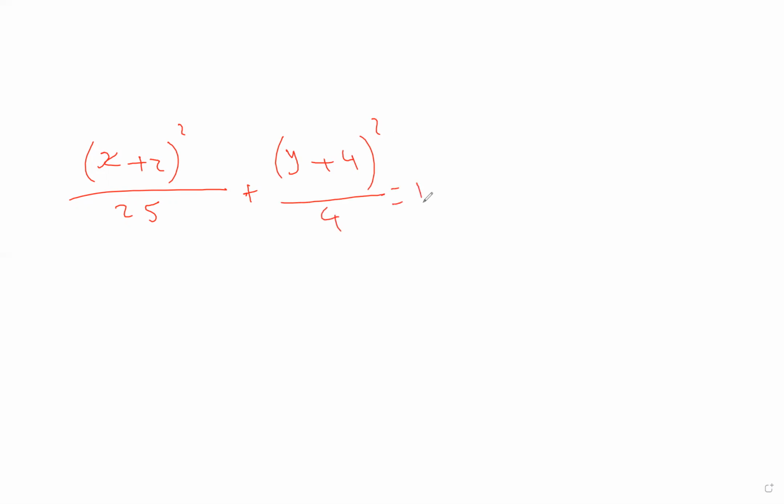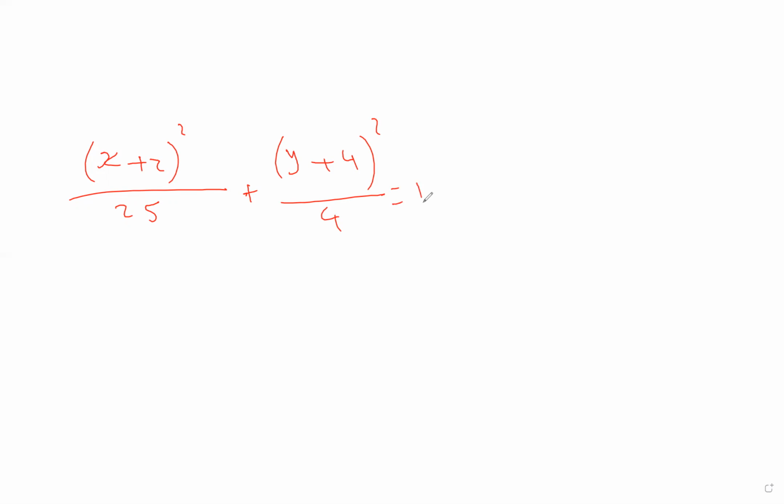Grab the equation of the ellipse, which is given as (x + 2)² over 25 plus (y + 4)² over 4 equals 1.